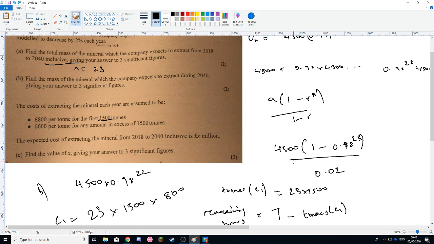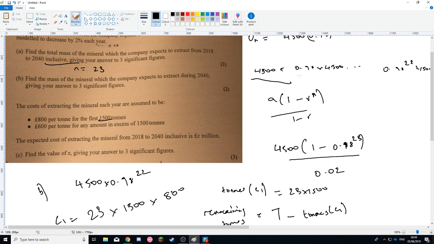Yeah, no, 2018 to 2040 is a total of 23 years, but not including 2018 it is 22 years. So basically, the way this is what I did. My first term is 4500. It does not have the ratio being multiplied to it.